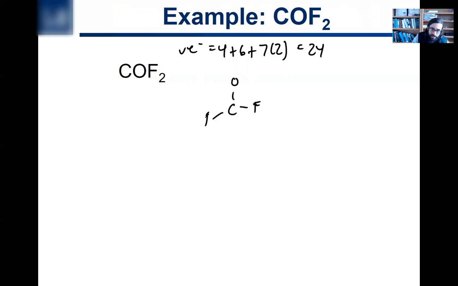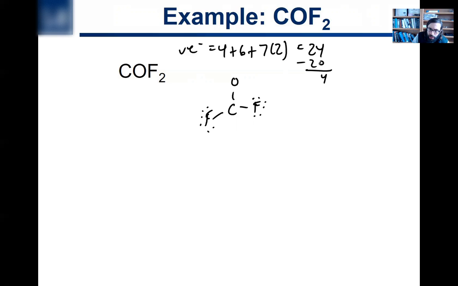And so I'm putting these in here. And we're going to make an octet on fluorine. That's looking okay. We have 2, 4, 6, 8, 16, and then 20. So we have 4 more electrons left. And so what are we going to do right here?